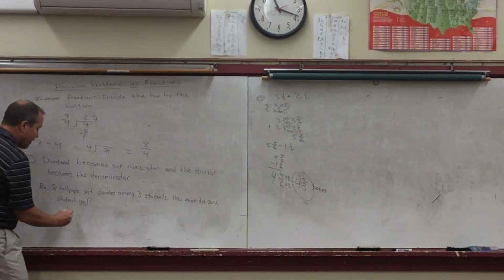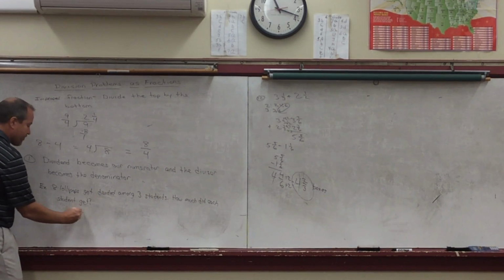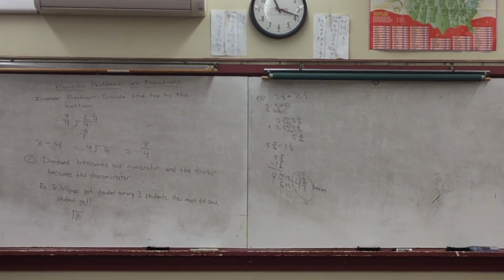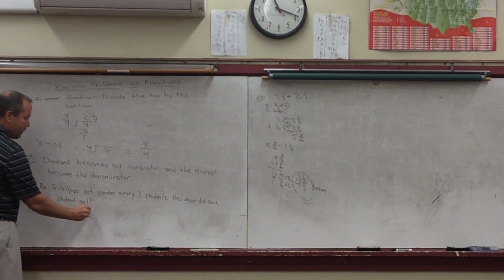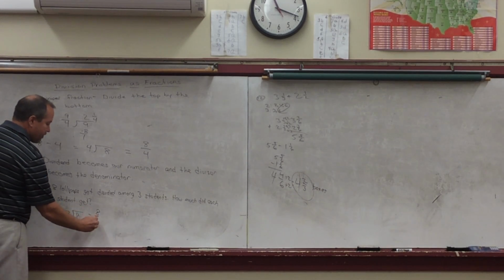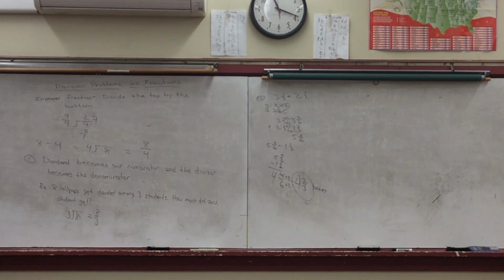So to solve that, we would take 8 divided by 3. We're putting it into 3 groups. As a fraction, this 8 divided by 3 would look like 8 over 3. Okay, does that make sense?